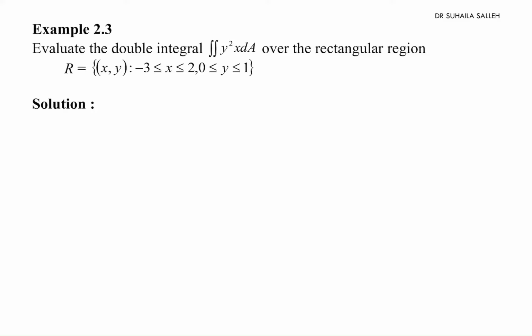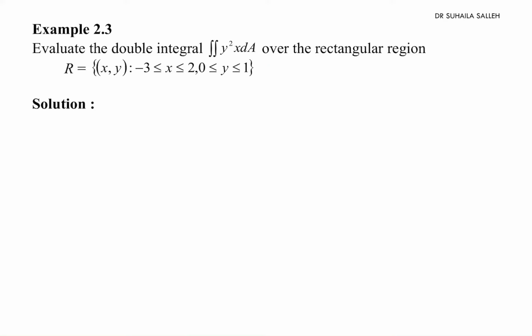So R is a set of these coordinates, the pair of numbers x and y, whereby x is between -3 and 2, y between 0 and 1. So if you are given a question where R is in terms of this set, that means your limits will be constant.